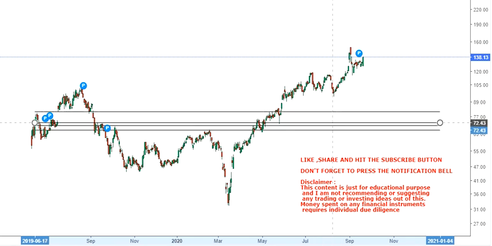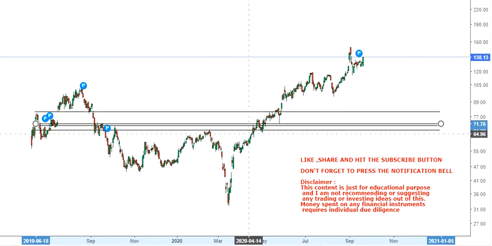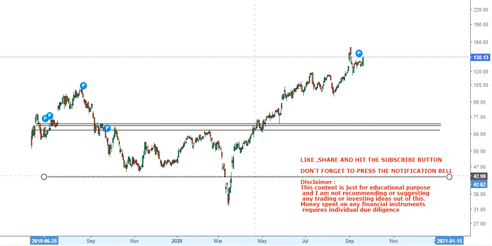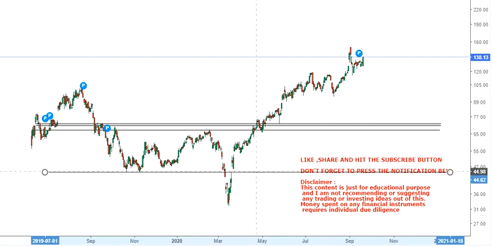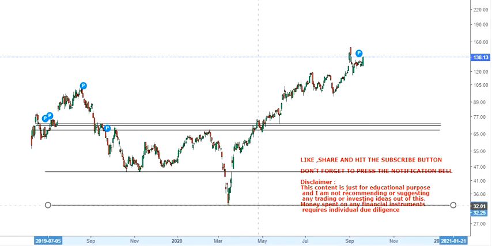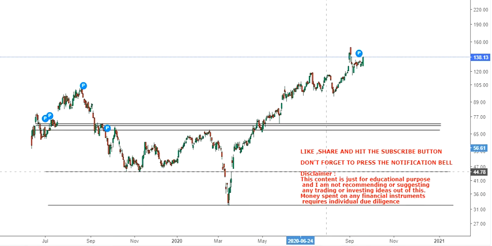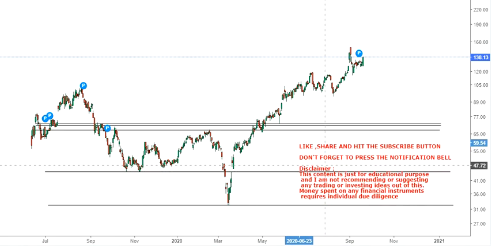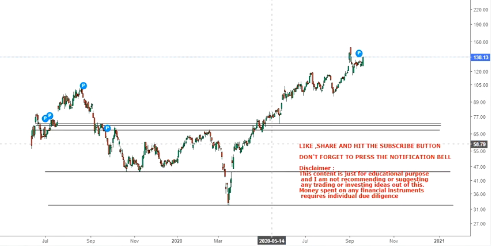This entire range will act as your support level. Now you have another level like this, and then you have your low like this. So this was one half of the trend.